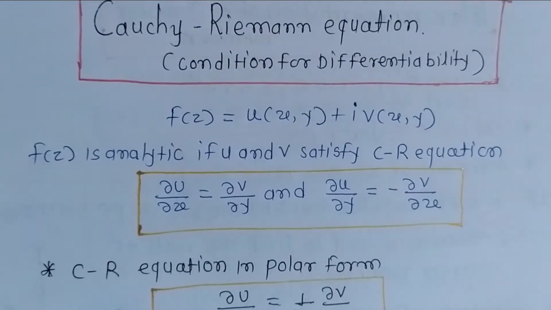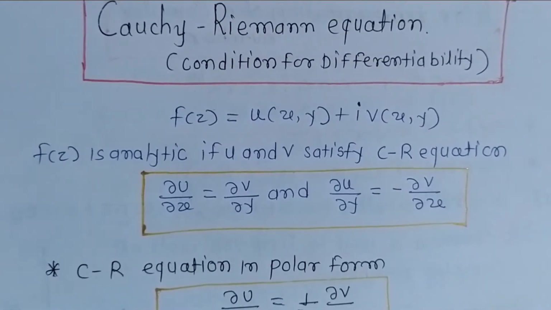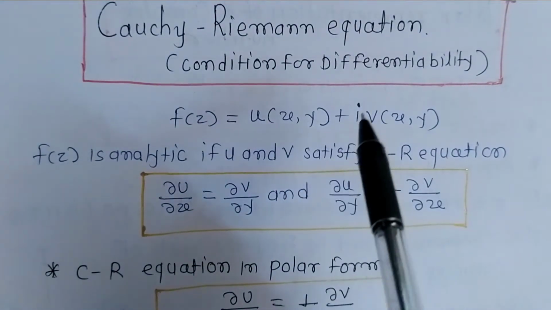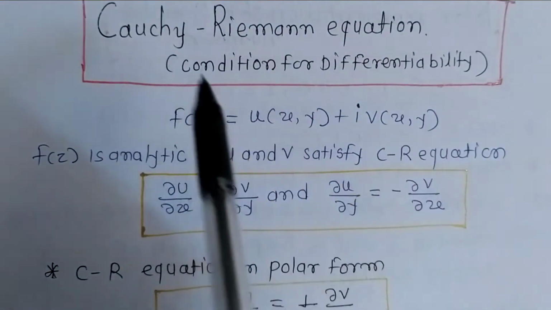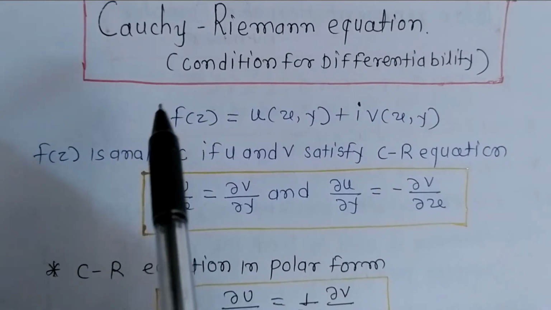Cauchy-Riemann equation, condition for differentiability. Suppose f of z is equal to u(x, y) plus i v(x, y).